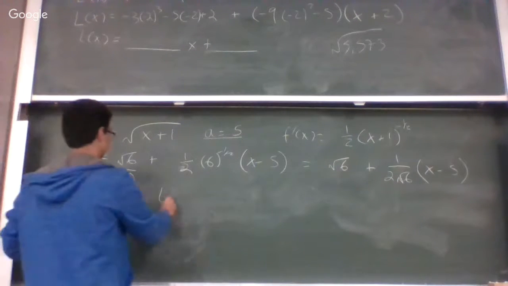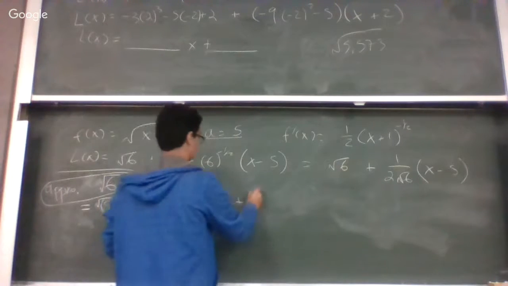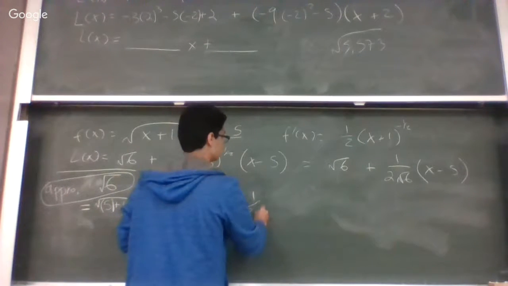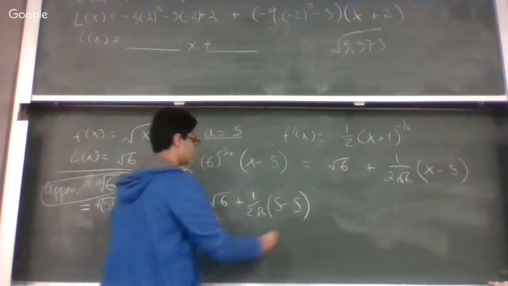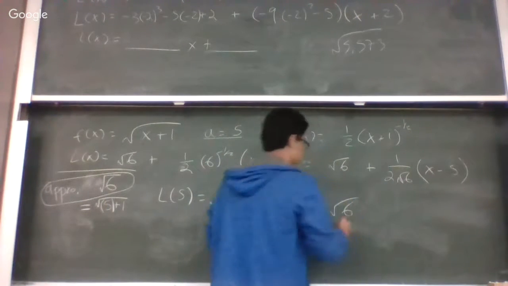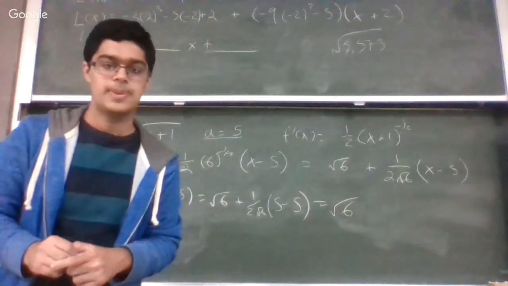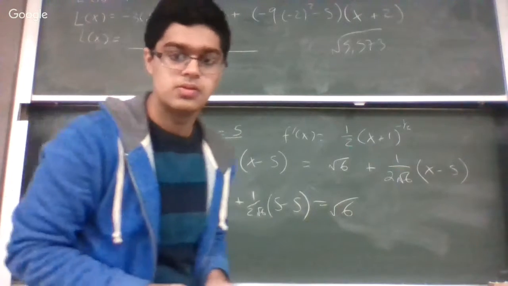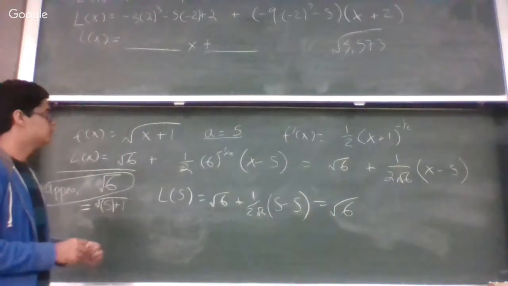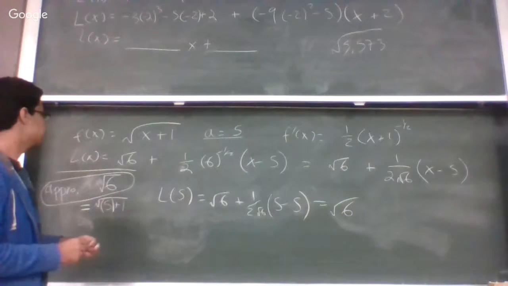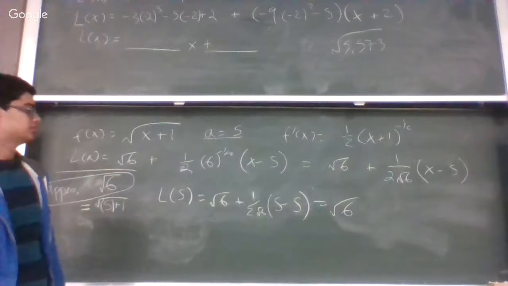So then we just do L of 5, that's the square root of 6 plus 1 over 2 square root of 6 times 5 minus 5. Good. It's the square root of 6. So we're supposed to use what they wanted to approximate to determine the x value by using it in the original function, then plug it into the linearization.